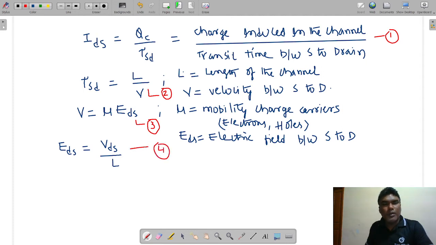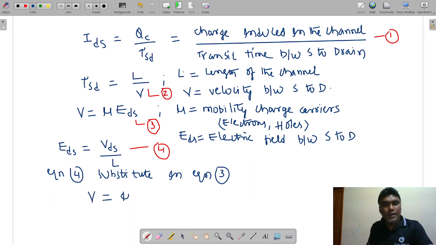Now substitute EDS from equation number 4 in equation number 3. In the third equation, velocity V is equal to mu into EDS, which means mu into VDS by L. EDS is substituted over here.